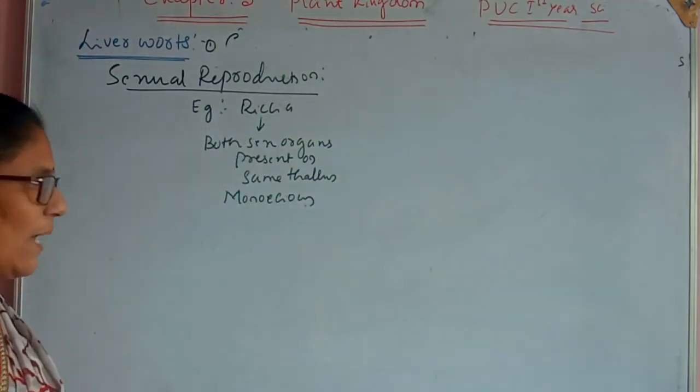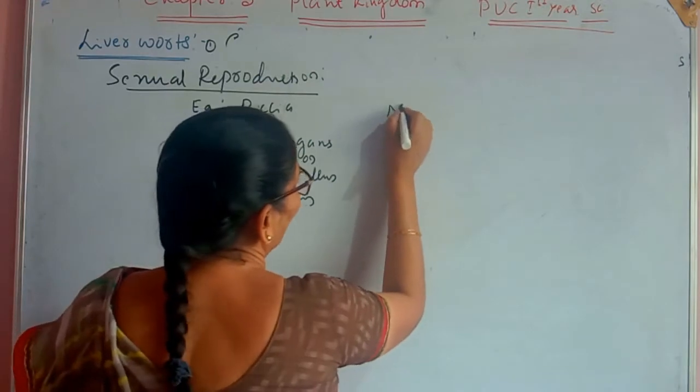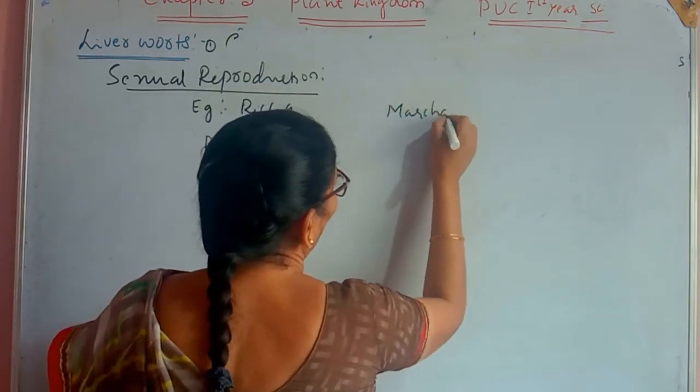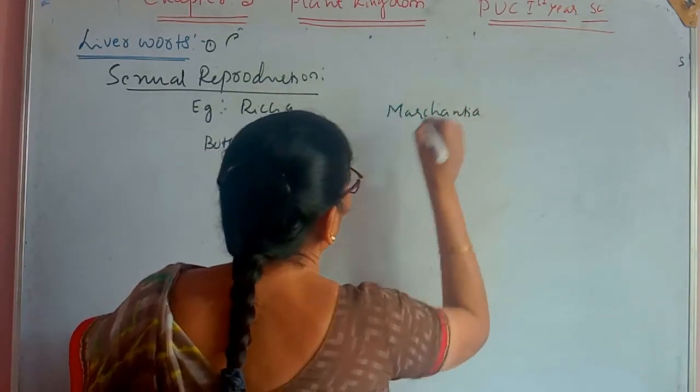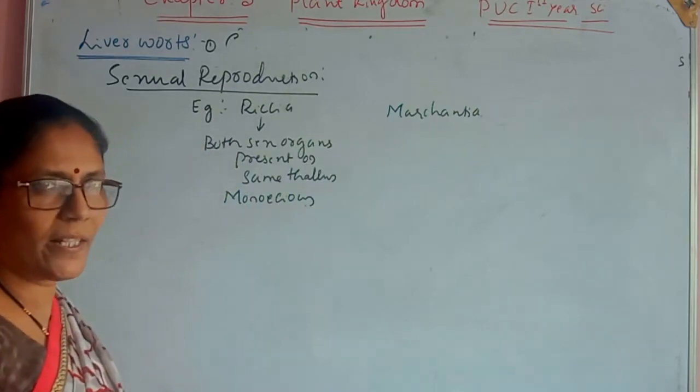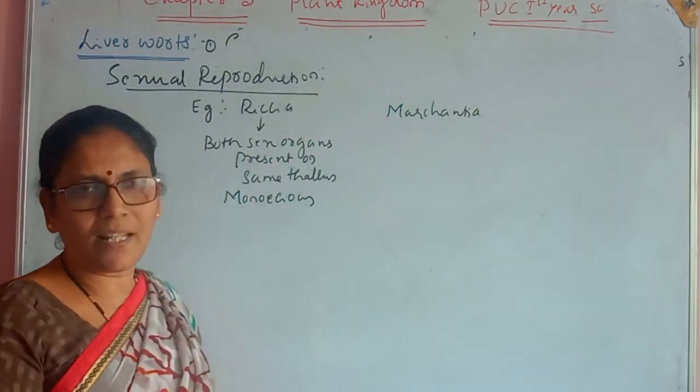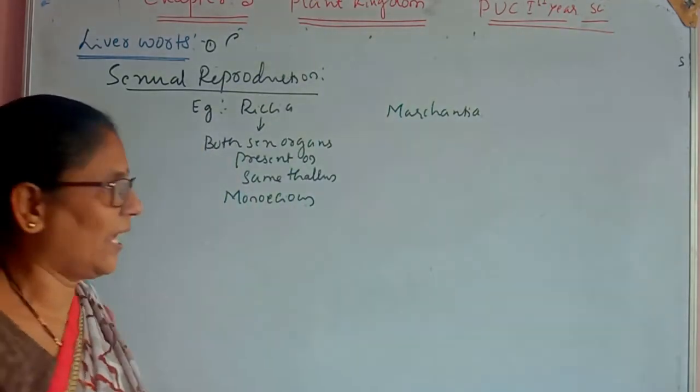But in the case of Marchantia, the male sex organ is present on one thallus and the female sex organ is present on another thallus.